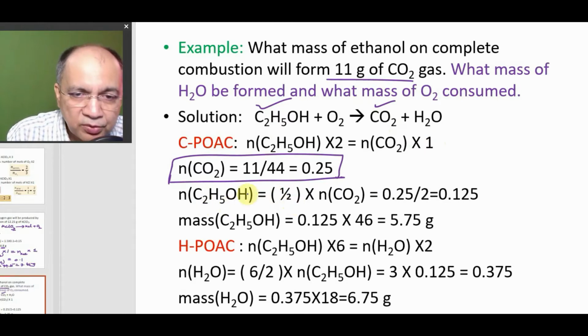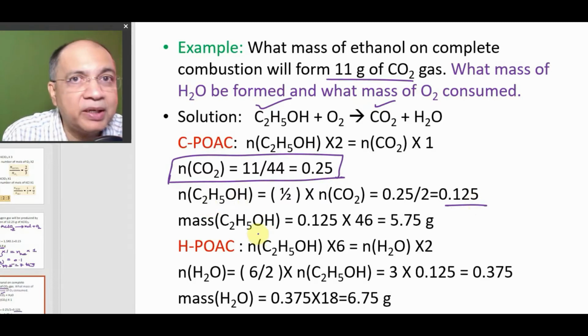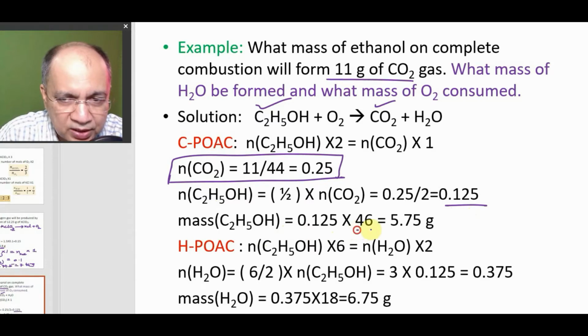Now, since the number of moles of carbon dioxide is known, the number of moles of ethanol is equal to half into the number of moles of carbon dioxide. So that is 0.25 into half, that is 0.125, the number of moles of ethanol, and immediately you convert to its mass by multiplying with its molecular mass. So the mass of ethanol is 5.75.